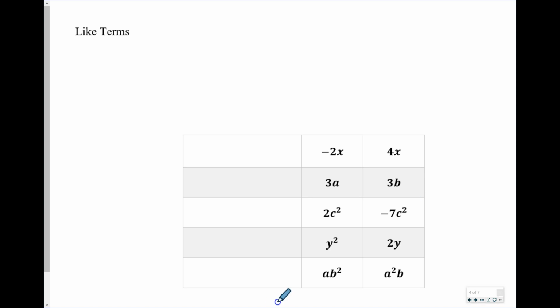So like terms are terms whose variables and exponents are the same.